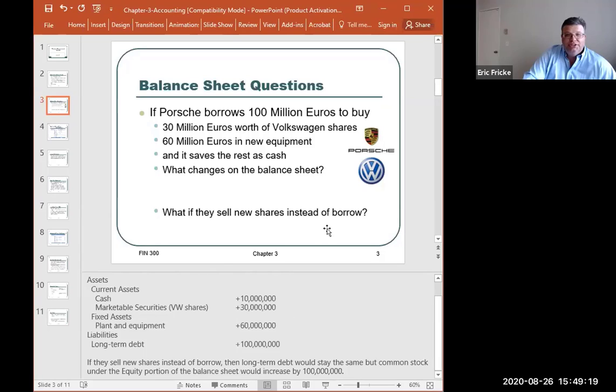It would probably show up as additional paid-in capital or something like that, but it would show up as shareholders' equity because that's money the shareholders are putting into the business. They're selling shares and getting that investment in the company. It's a form of financing.